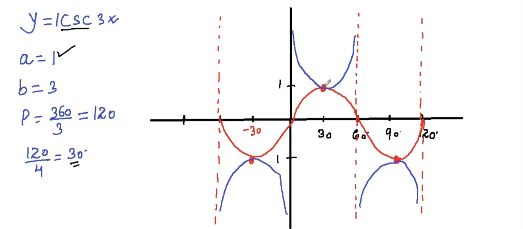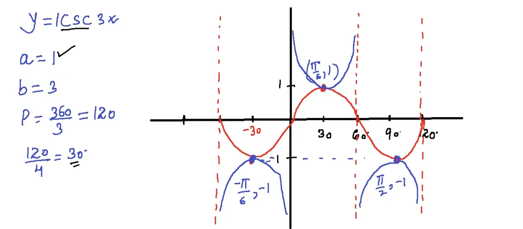So this point is 30 and 1. 30 means pi by 6 and 1. This point is 90. 90 means pi by 2 and down is minus 1. This point is minus 30, minus pi by 6 and minus 1. In front of minus 1, this is minus 1. So this is the graph of this.